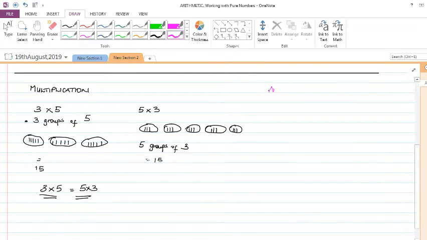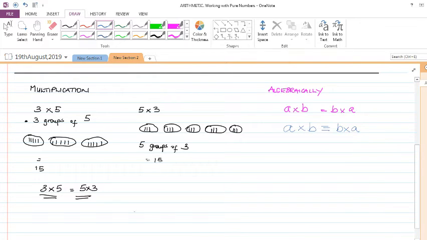But algebraically now, the concept, the generality that we observe, is that A times B is always equal to B times A. The 3 lines represent always equal to.